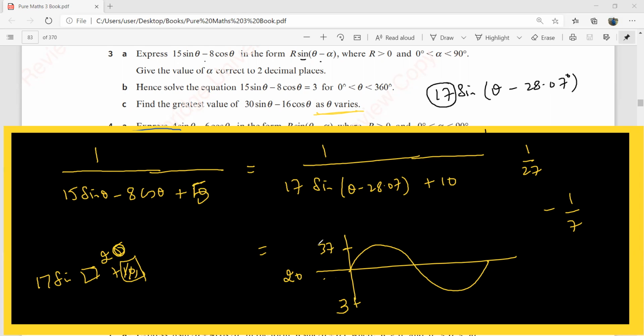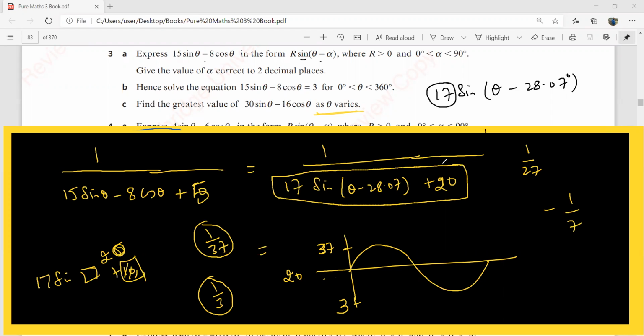So this greatest value, which is 37, will now become the least value because this becomes 1 over 37 because of being the reciprocal here. So I have written 20 over here, and this is 1 over 3. This is what the examiner is going to test over here. When this goes in the denominator, obviously these are the extreme values your whole function can have.